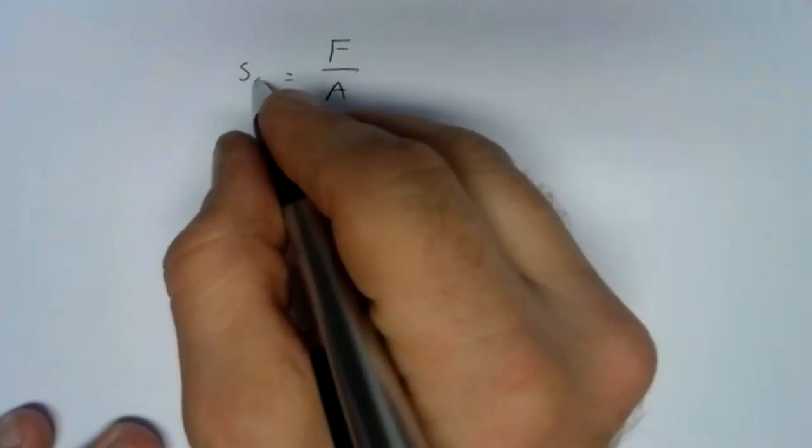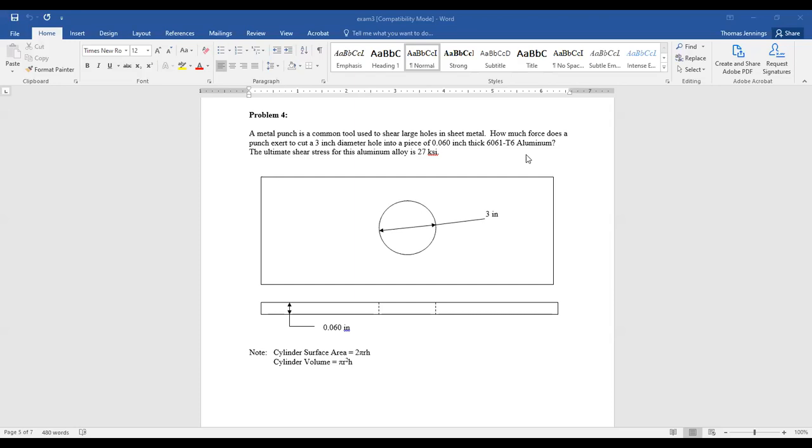Now we know what shear stress we need. According to this material, for 6061 T6, our max shear stress is 27 KSI.